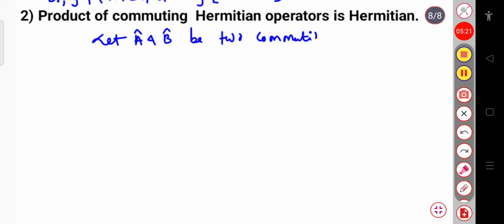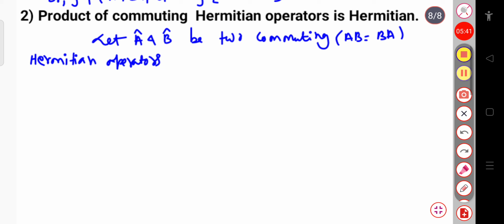So these are two Hermitian operators, and psi and phi are two arbitrary wave functions.